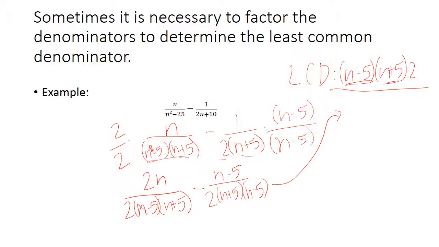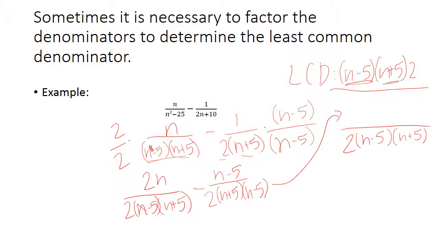Gotta move up there for a little more space. So now I'm going to put all of these over the same denominator since I made the lowest common denominator. So this would be 2 times n minus 5 times n plus 5.